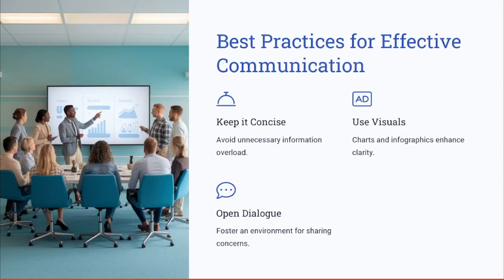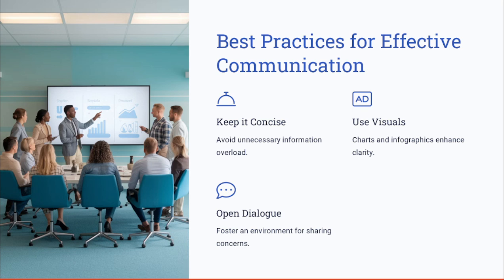Let's look now at some best practices for effective project communication. Best practices in communication revolve around clarity, engagement, and adaptability. By keeping the communication concise, using visual aids, and encouraging open dialogue, teams can enhance stakeholder understanding, satisfaction, and support. To start, keep it concise. What does it mean?